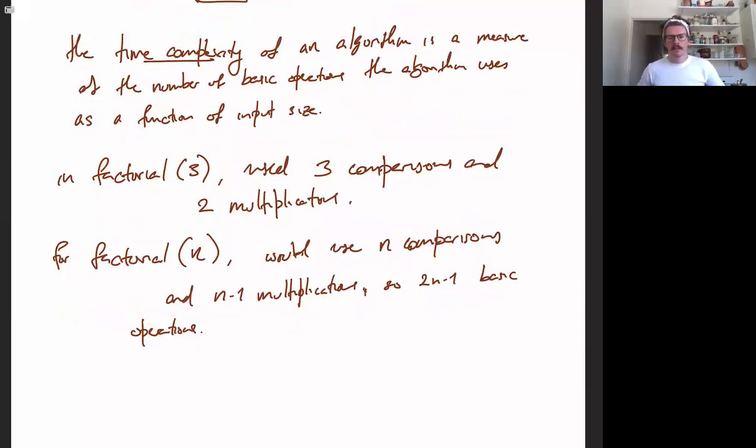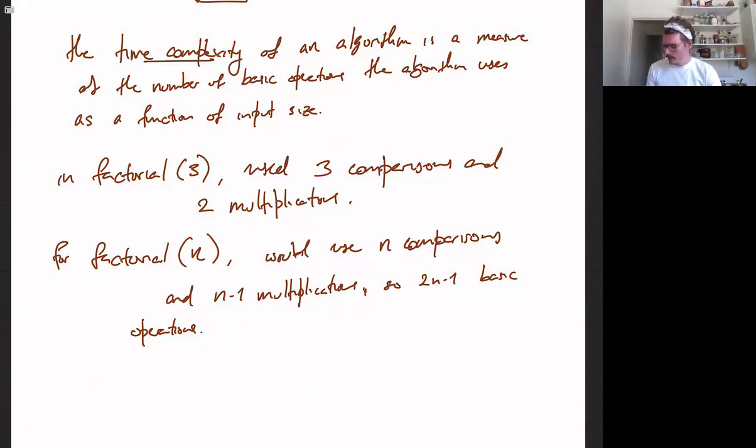But the way we normally think about this is we don't need to worry about the exact formula, and we don't really worry about the difference between comparisons and multiplications. Usually what we do is we just collect it all into this big O notation.